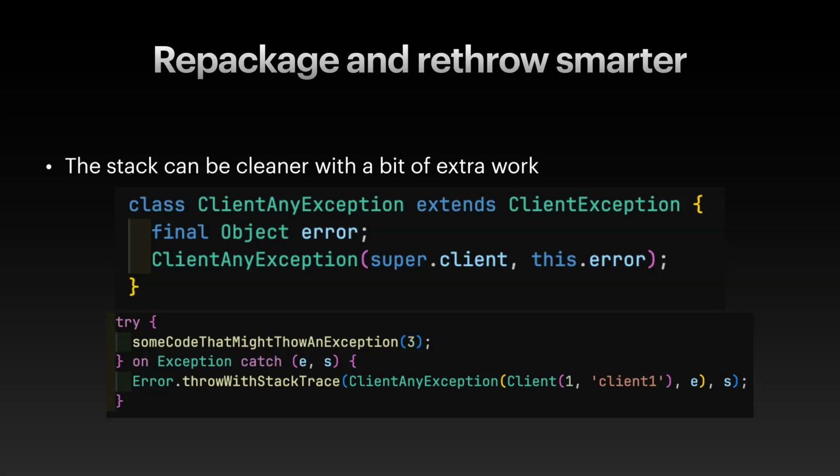This technique often does a better job of associating the point of failure in the stack trace with your custom exception, making it clearer where the underlying problem originated while still presenting it as your domain-specific exception type. Here we wrap any caught exception into a client any exception using this method.